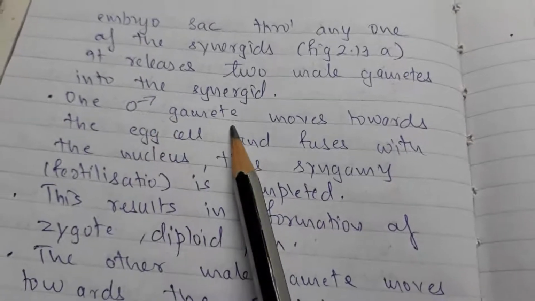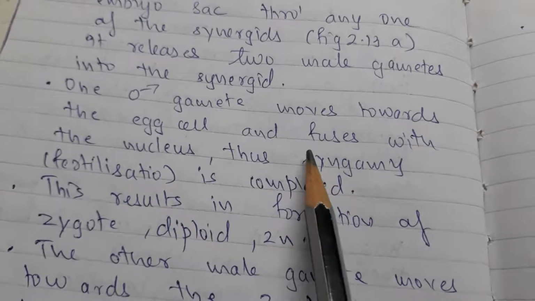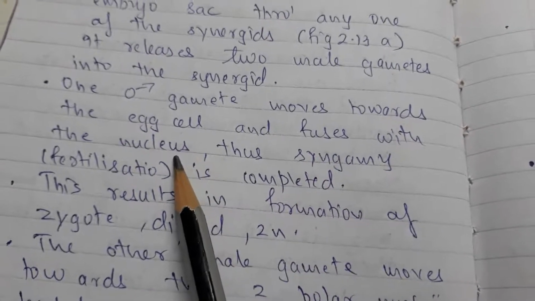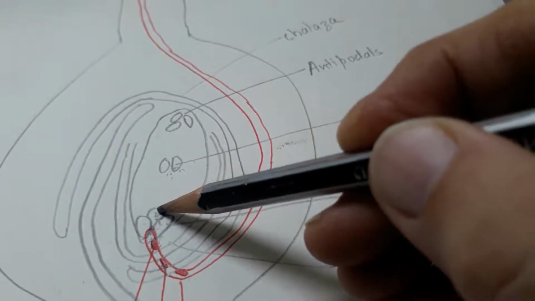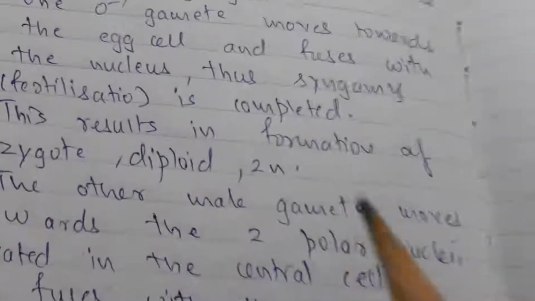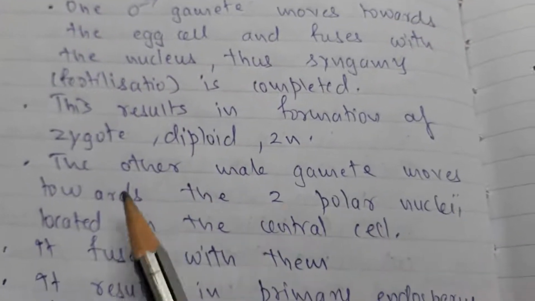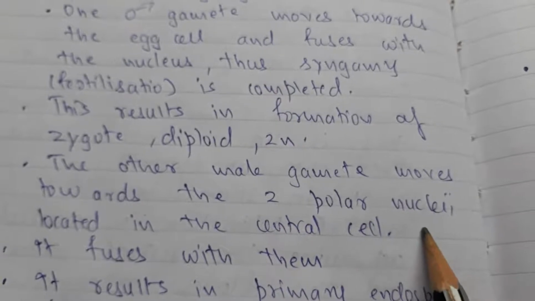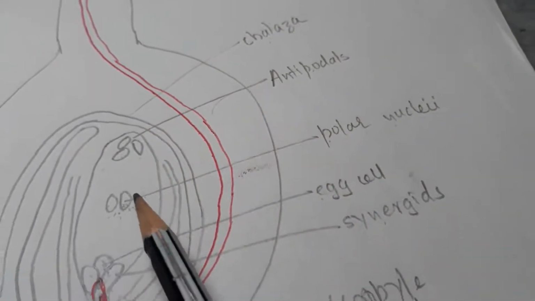One male gamete moves towards the egg cell and fuses with the nucleus. Here, one male gamete fuses with the egg cell. The other male gamete moves towards the polar nuclei. Where are the two polar nuclei? Over here.